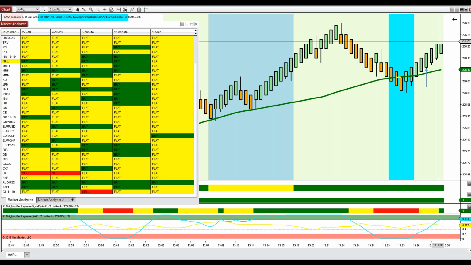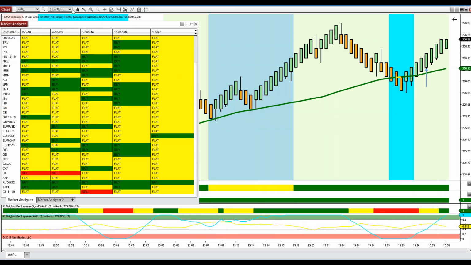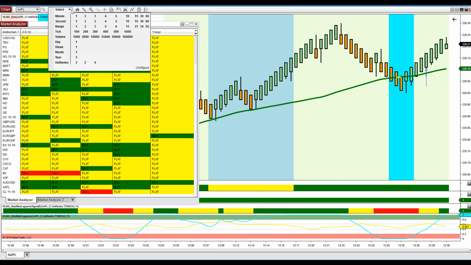We could change the time frame and take a look at Apple on a different time frame. Why don't we take a look at Apple on a 15-minute? And let's go to minutes. Let's go to 15.